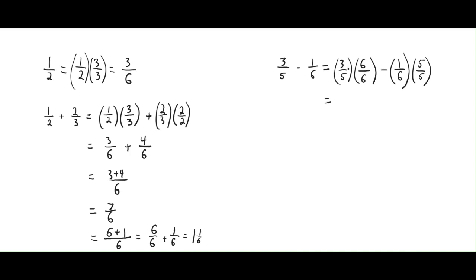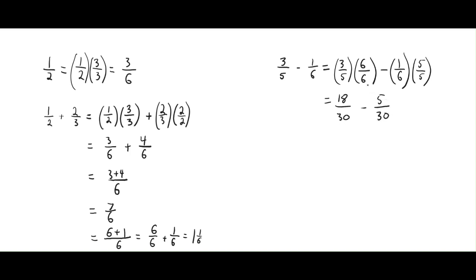On the next line, 3 times 6 is 18, and 5 times 6 is 30. We subtract 1 times 5 is 5, and 6 times 5 is 30. So again, we got these denominators to be the same.